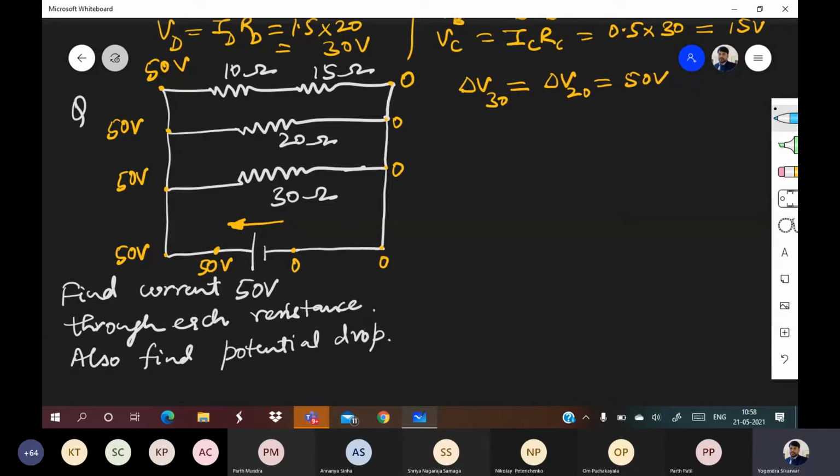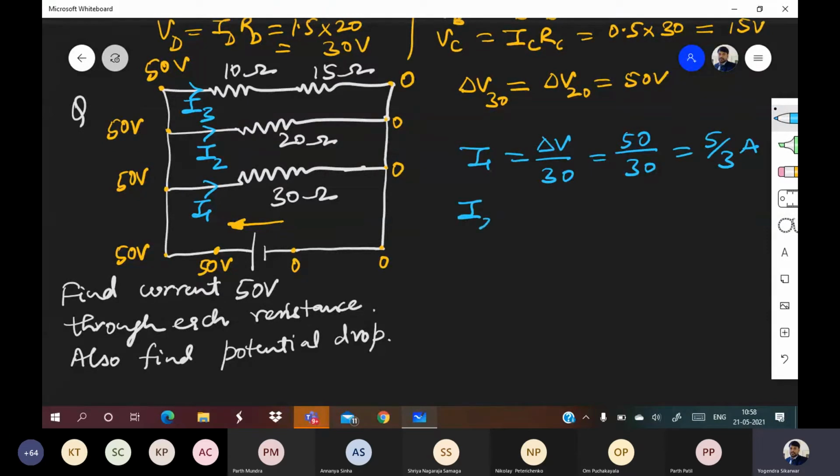Suppose I1 is the current through this, I2 is the current through this, and I3 is the current through this. So I1 is equal to delta V upon 30, because R1 is 30. So delta V is 50 upon 30, and that comes out to be 5 by 3 ampere.